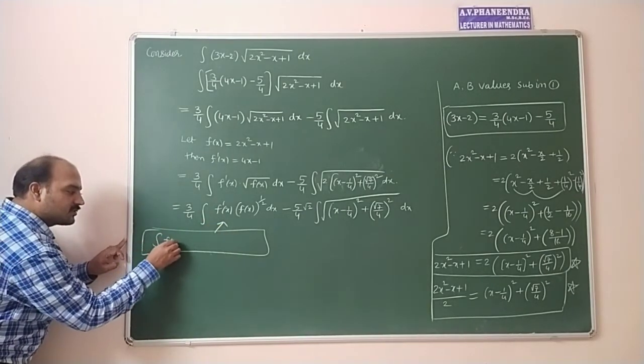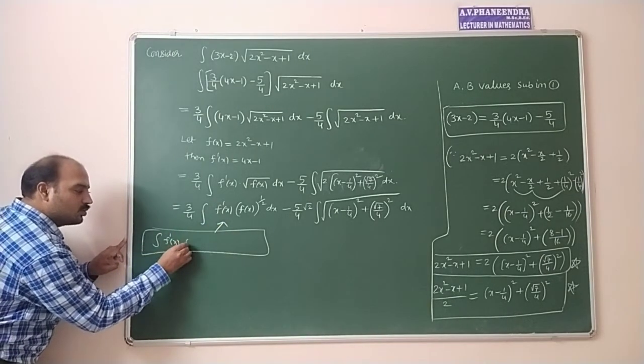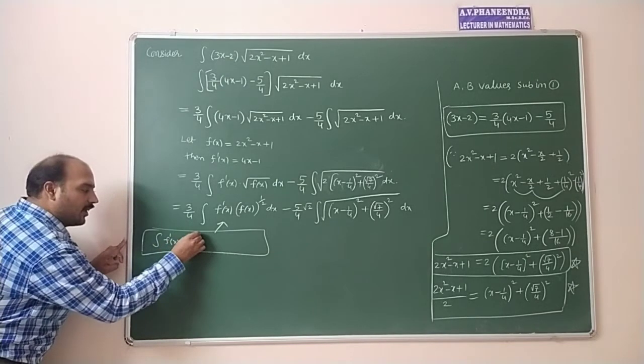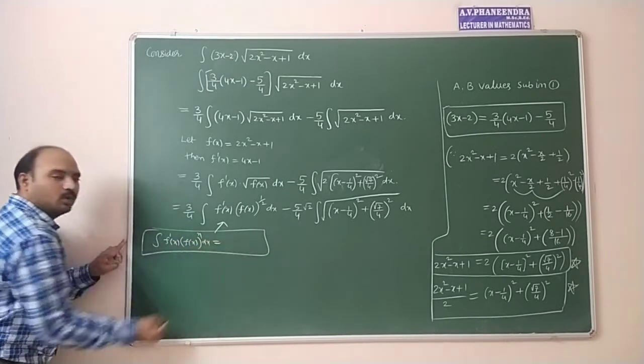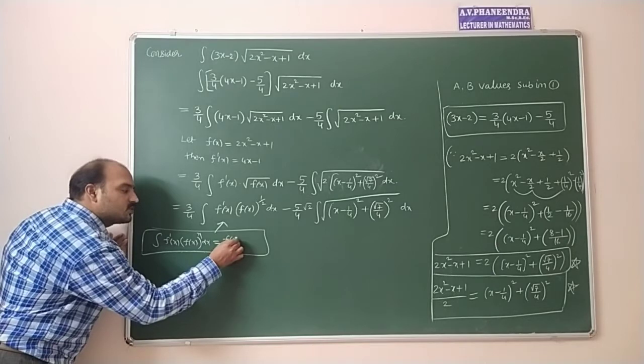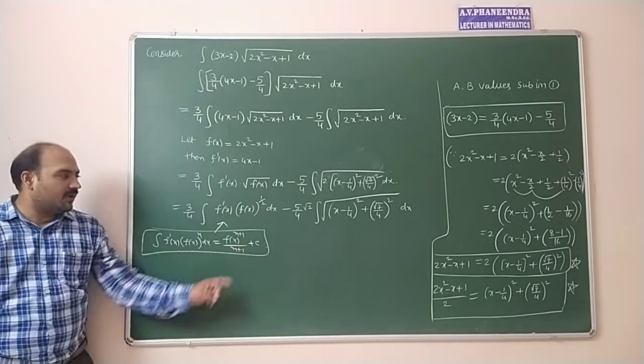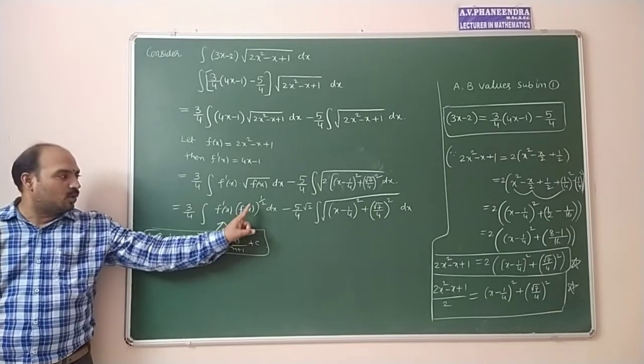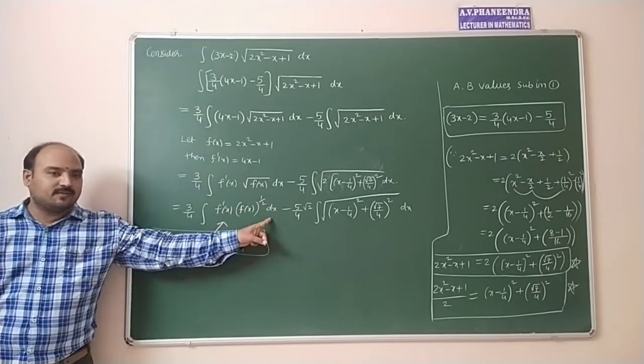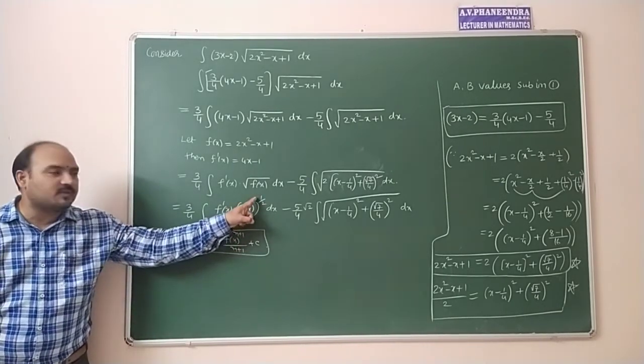Integral of f of x whole power n into f dash of x dx is equal to f of x whole power n plus 1 by n plus 1, plus c. But here n is equal to 1 by 2. Wherever n is there, you have to replace it with 1 by 2.